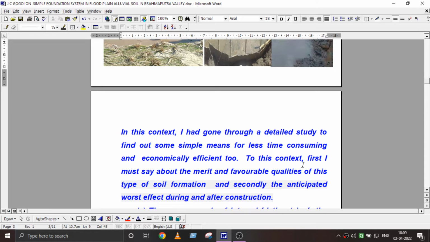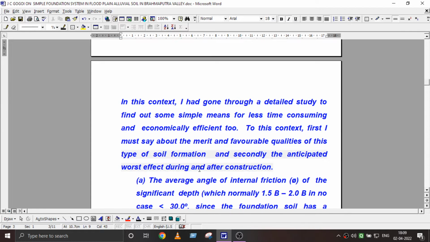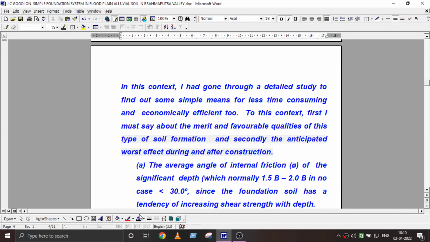So we find out the average angle of internal friction up to the significant depth, which is normally 1.5 to 2B, and in no case is it less than 30 degrees. The angle of repose of this type of soil is never less than 30 degrees.